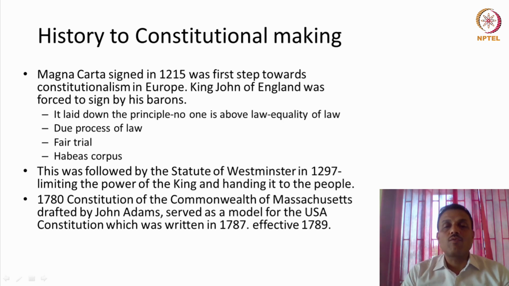The Statute of Westminster was also critical because it brought in a collective responsibility in terms of lawmaking. The true spirit of parliamentary democracy can be traced to the Statute of Westminster.